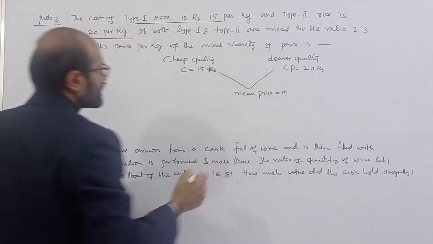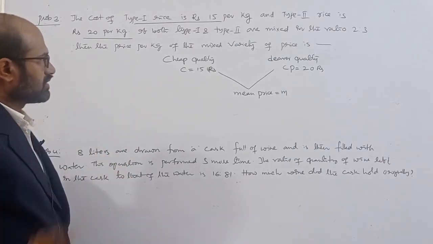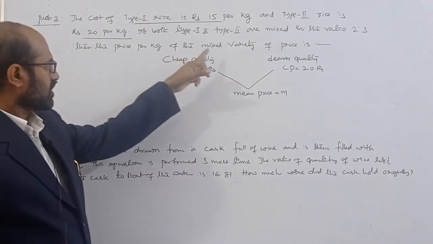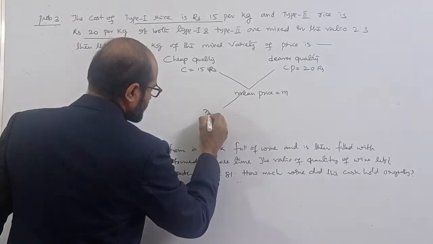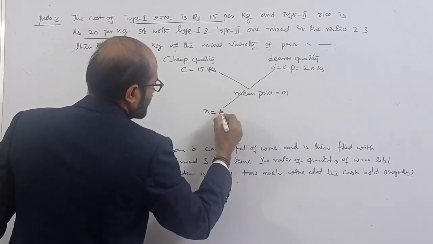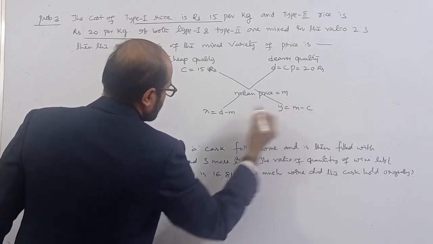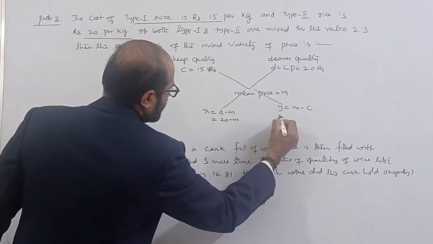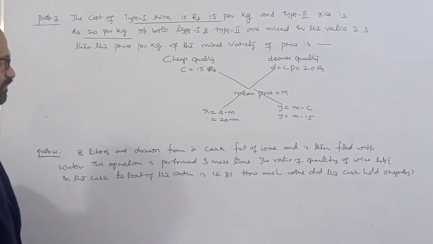That is equal to M. But here the mean price is not given, right? That is what we have to find, the mean price of the mixed variety. We know x equal to, let us suppose this is D, this is C, D minus M, and y equal to M minus C. So here D is 20, so x is 20 minus M and y equal to M minus 15, because we don't know the M value.